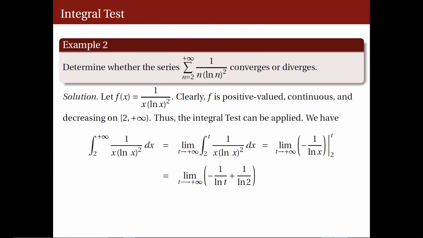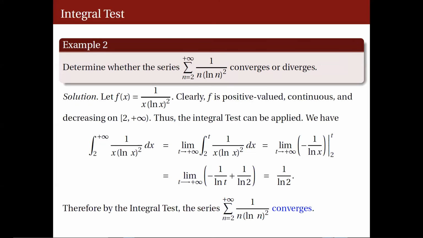Evaluating from x equals 2 to x equals t gives us the following limit. This limit goes to the real number 1 over ln 2. Thus, by integral test, the series converges.